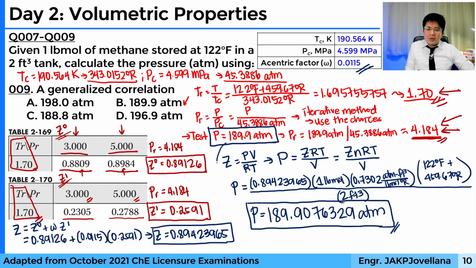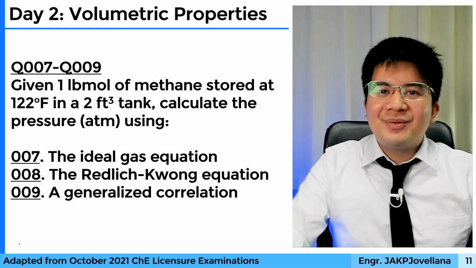So since these values are equivalent, we can conclude that we have converged our iterative method, and this is the correct answer. So from the choices, the correct answer is letter B, 189.9 atmospheres.